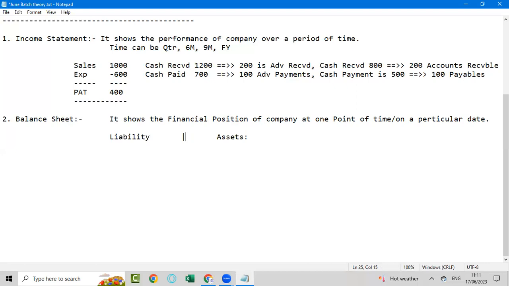Then 1 hour on balance sheet and 1 hour on cash flow statement. Right? As of now, in 2-3 minutes, we are just taking a basic introduction about what do we mean by financial statements. So liability can be divided into current liability and long-term liability, and then we have equity.